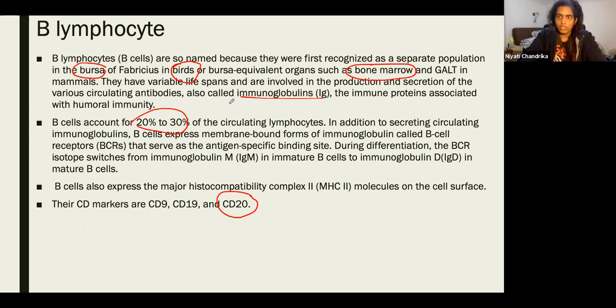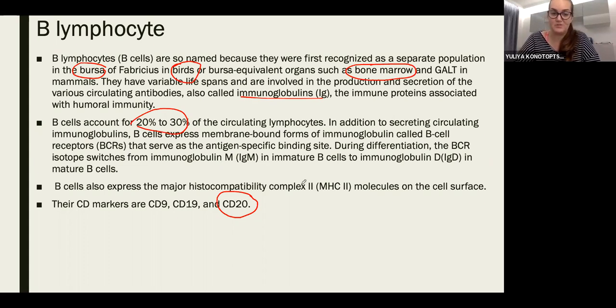Yes, because again, CD2, 3, 5, 7 are present on T lymphocytes. CD2 is not present on B lymphocytes. So technically, I could use it to differentiate between T and B lymphocyte. Yes, there's nothing wrong with that sentence.